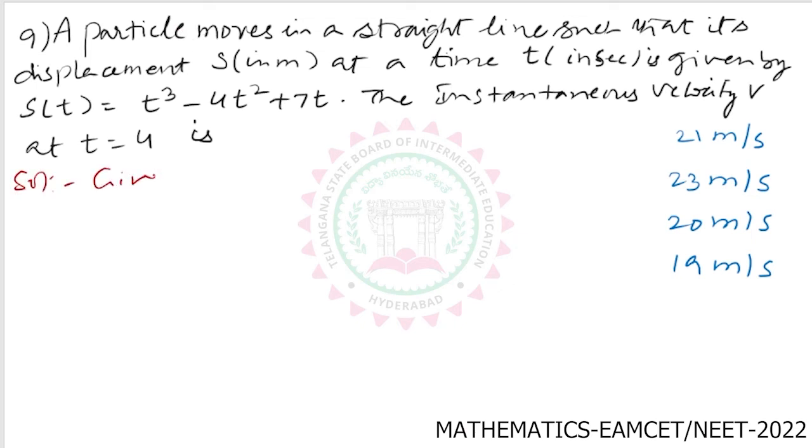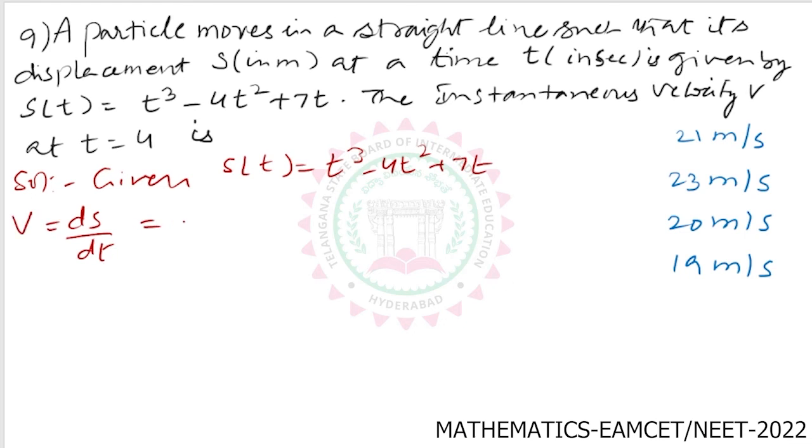Given s(t) is equal to t cube minus 4t square plus 7t. Therefore, differentiating, this is nothing but ds by dt, which I named as v. All of you know that v is the velocity. So this is nothing but 3t square, 4 2s are 8t, plus 7. And he has asked at the point t is equal to 4 seconds.